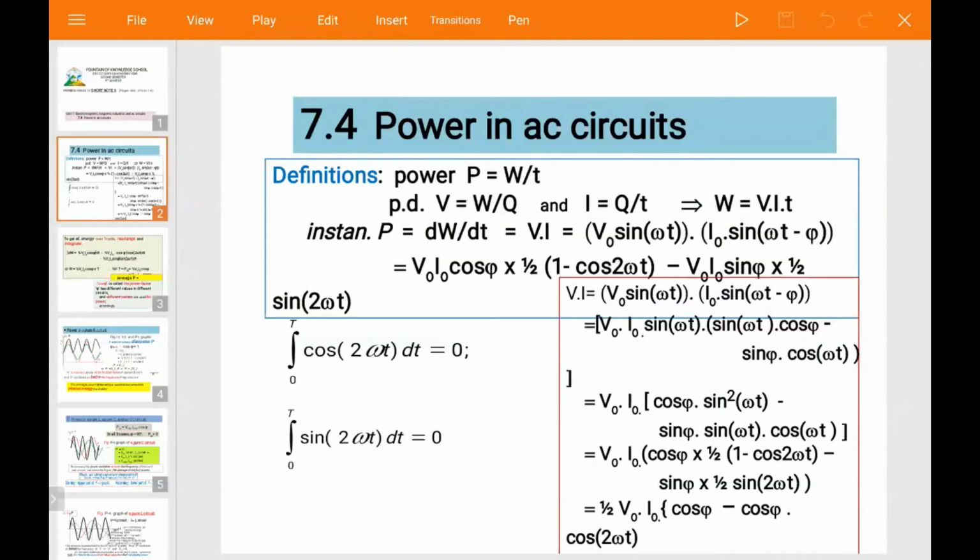So simple mathematics shows that over one cycle, the integral of cos theta is equal to 0. It doesn't matter what you have for omega t, how we got to omega t will come later on. No matter what you have in there, cos alpha, cos theta, over one cycle is equal to 0.